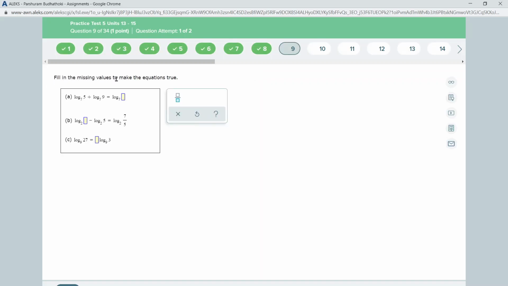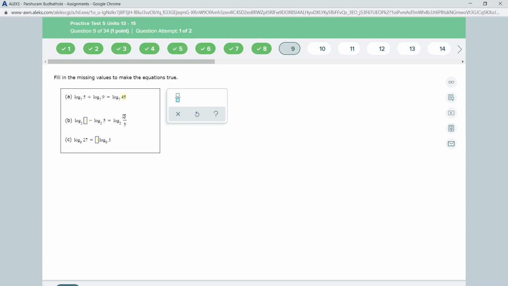Fill in the missing values to make the equation true. Here you have to use the properties of the log function. This is a plus, so you have to use the product property: log base 7 of 5 plus log base 7 of 9. So that means it's 5 times 9, which is 45.